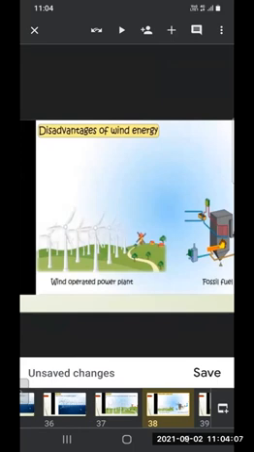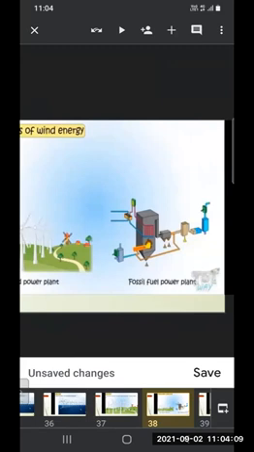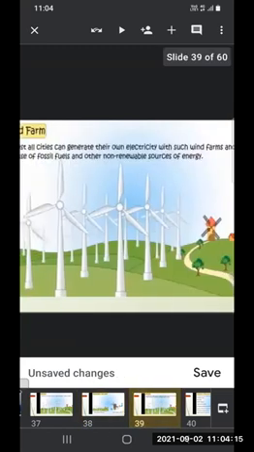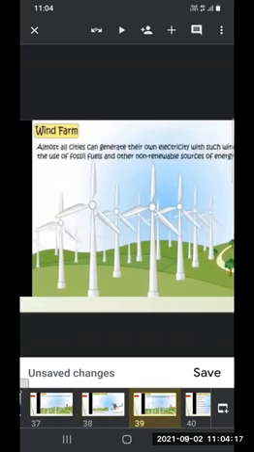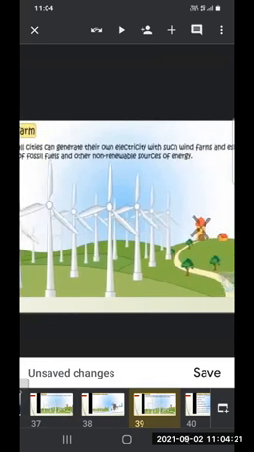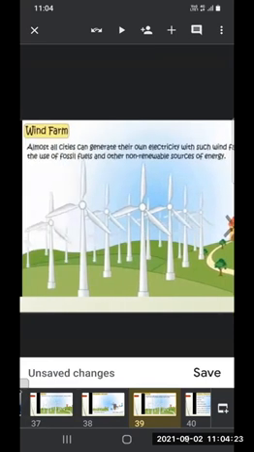Wind operated power plant and fossil fuel power plant. Okay, we have to differentiate between these two. Almost all cities can generate their own electricity with such wind farms and escape the use of fossil fuels and other non-renewable sources of energy.